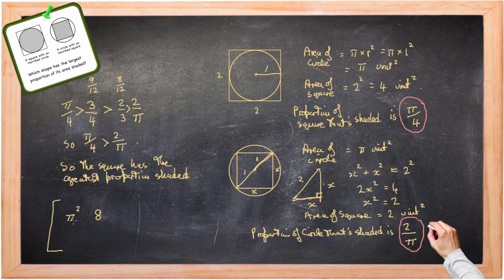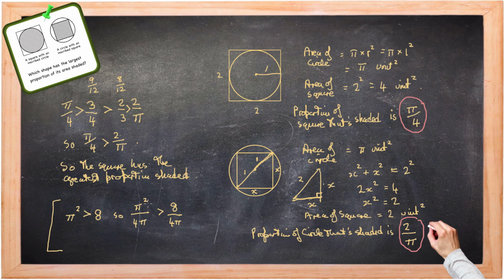Pi is bigger than 3. 3 squared is 9, so pi squared is definitely greater than 8. Let's divide both sides by 4 pi. And that'll still be greater than, because 4 pi is positive.